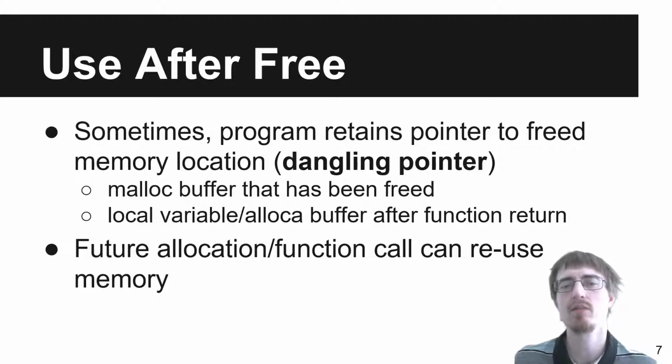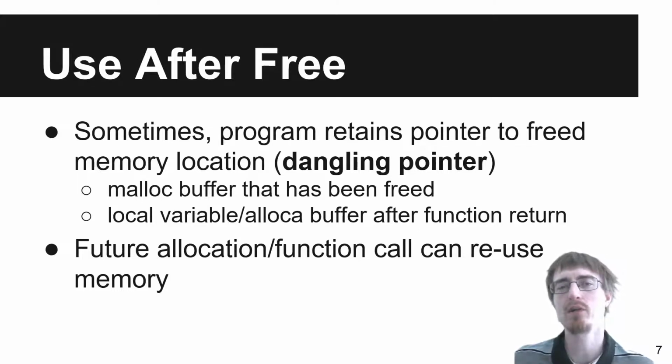It remains pointing to the same memory, but that same memory now gets another purpose. At first, it will be freed, but later on, it might actually be used for a future allocation, or in the case of the stack, for a future stack frame. So the memory will be reused, but we have a pointer pointing to this block of memory, thinking that it's actually something else. Now this pointer is a dangling pointer.